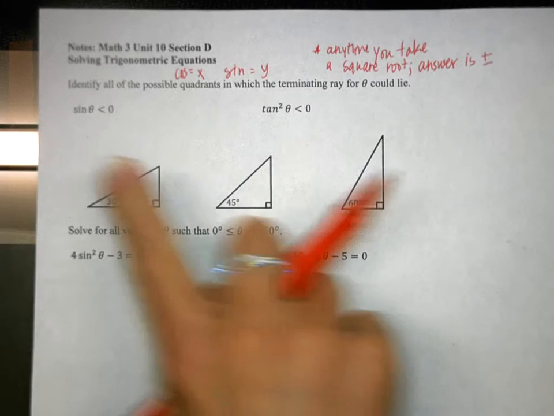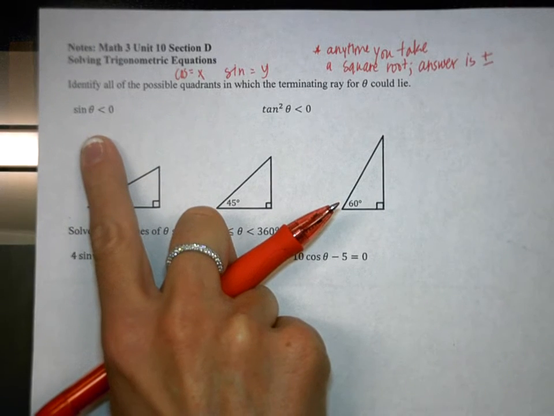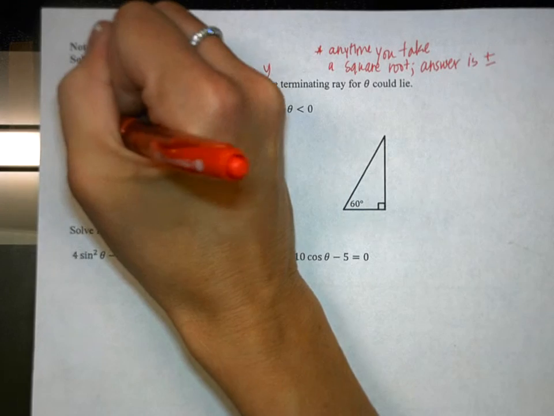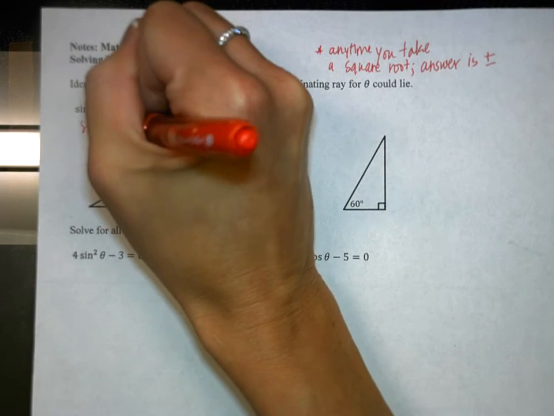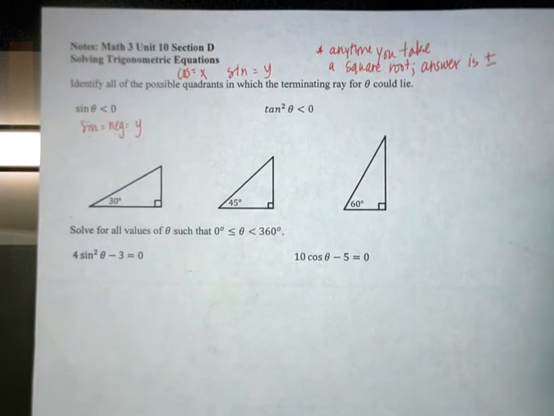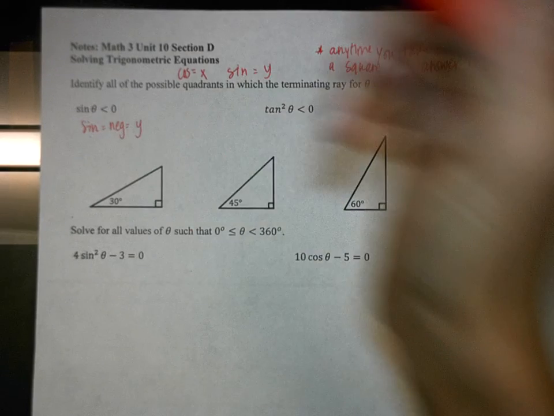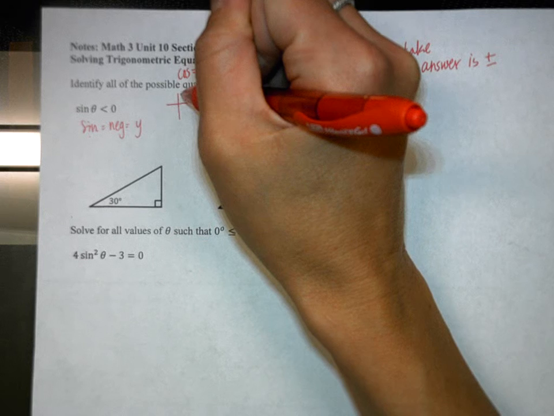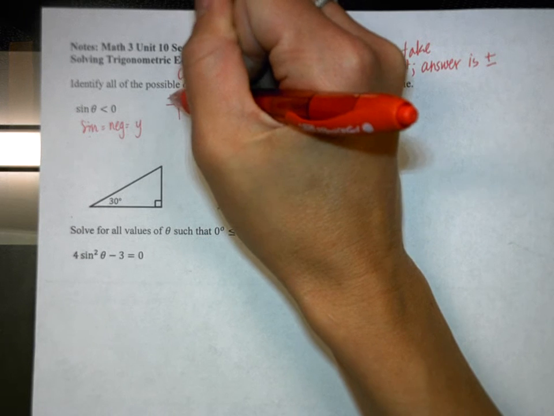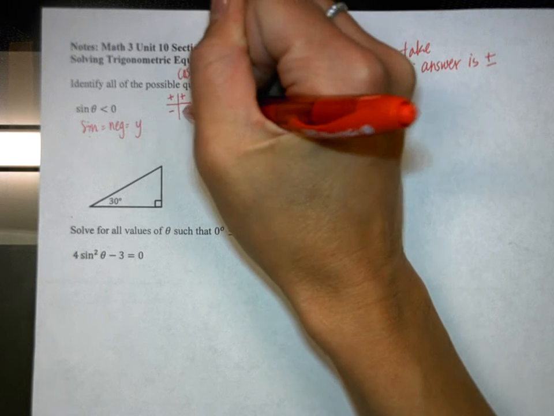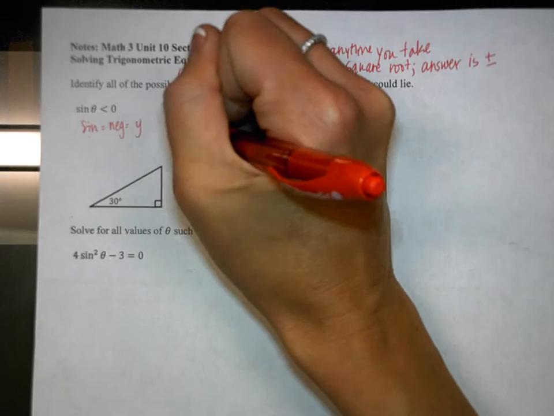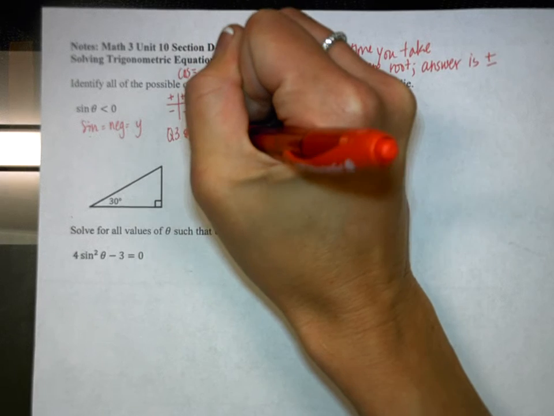And so when it's saying when is sine less than 0, we're talking about sine being negative, which means that when is y negative? Okay, so if you're looking at your quadrants, y is positive up here, and so when is sine negative? Which quadrants? Quadrants 3 and 4.